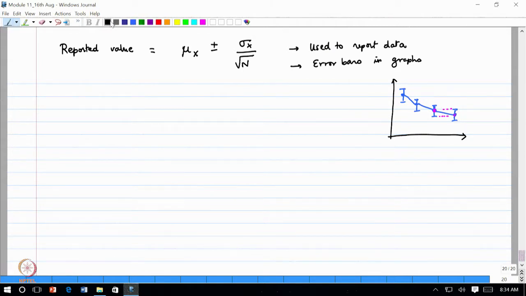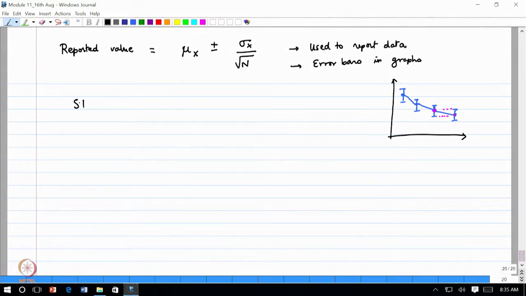Also, you will see some of this in statistical mechanics, where what you will find is that the error in readings, error in average value, becomes negligible.